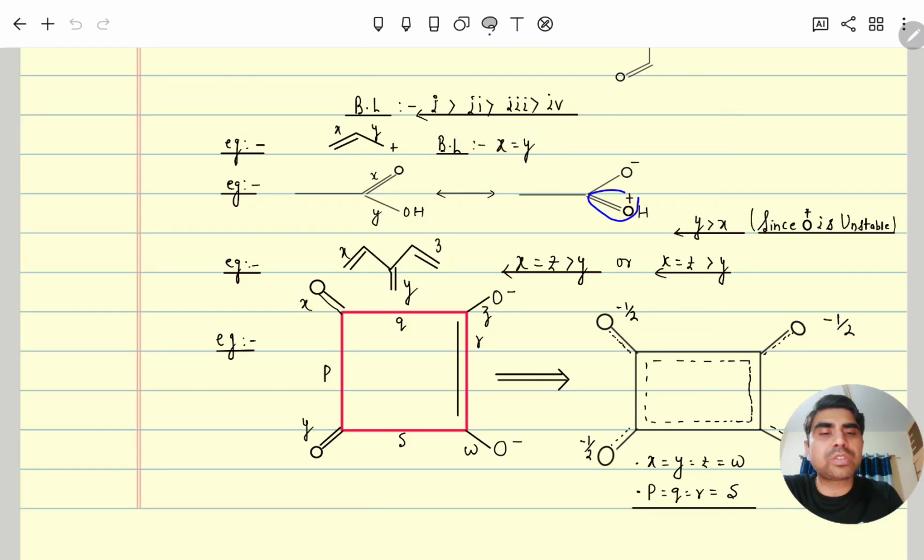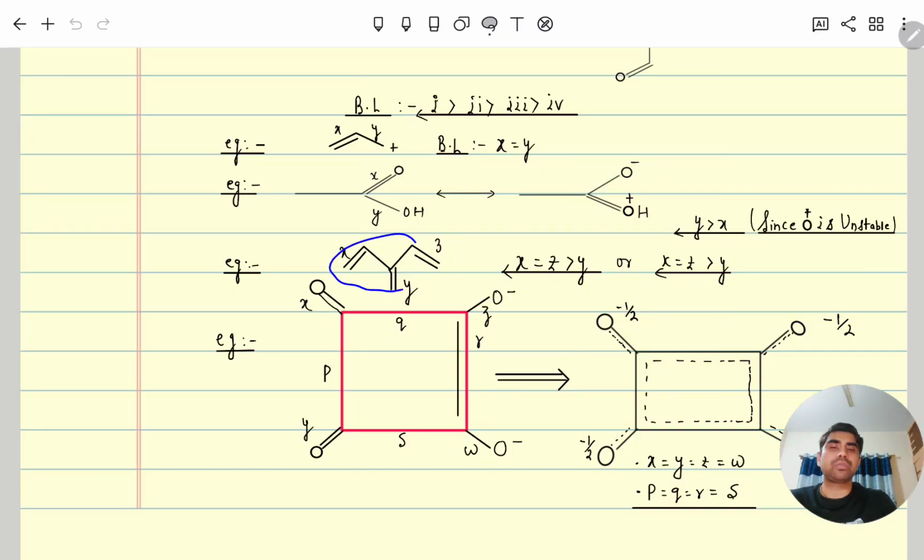But since you know oxygen having a plus charge, a plus charge on the more electronegative atom, that positive charge is unstable, means this resonating structure is not favorable. Means overall this bond order will be 1 only, and this one bond order will be relatively 2 only. Means can I say here bond order is less, means bond length will be more. So here bond length will be more, means Y is greater than X.